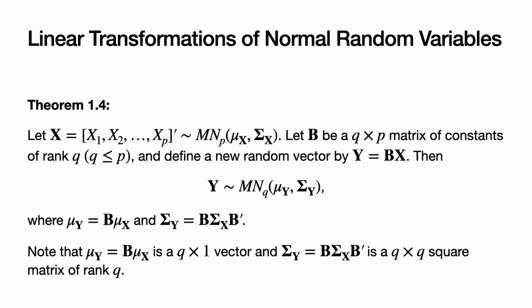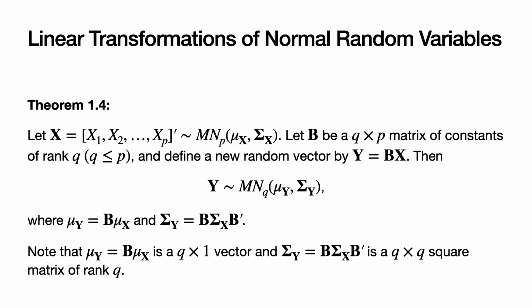Next, let bold B be a Q by P matrix of constants of rank Q, where Q is less than or equal to P. And then we're going to use this matrix of constants to define a new random vector, which we'll call bold Y, where bold Y is equal to the matrix B times the random vector X.